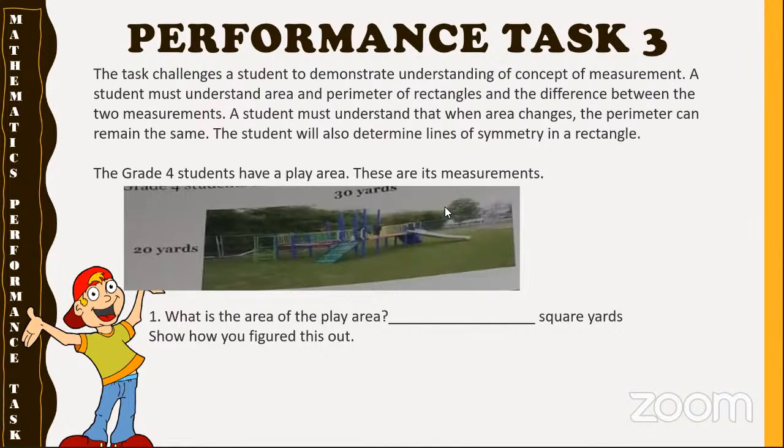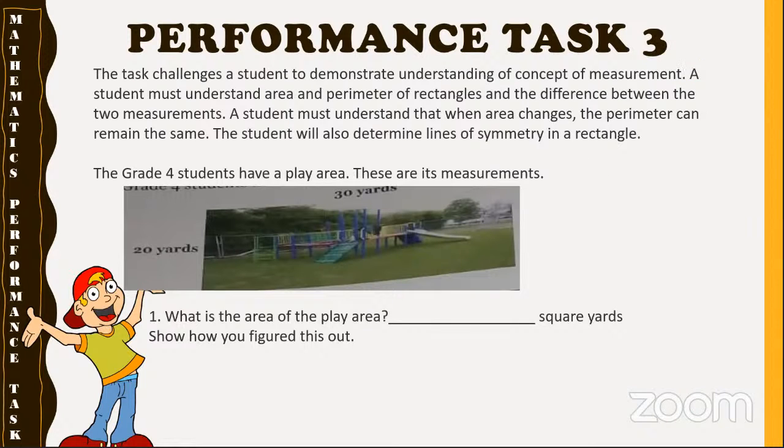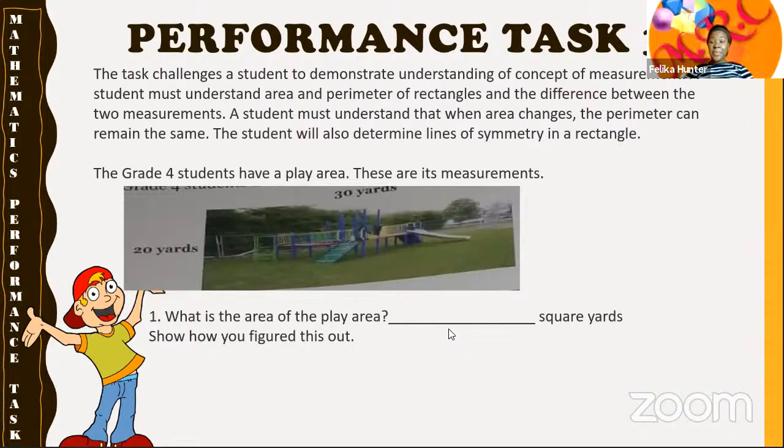The grade four students have a play area. These are its measurements. Number one, what is the area of the play area in square yards? Show how you figured this out. All right, thank you, Shaquan. Wonderful reading.